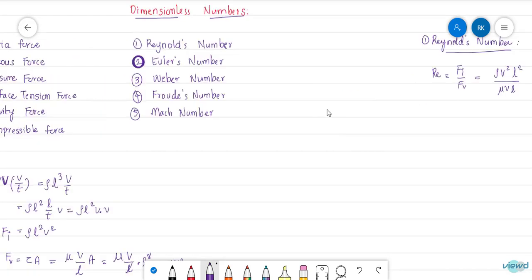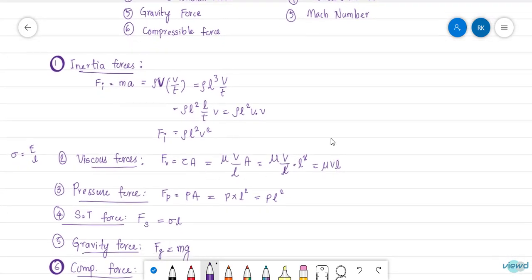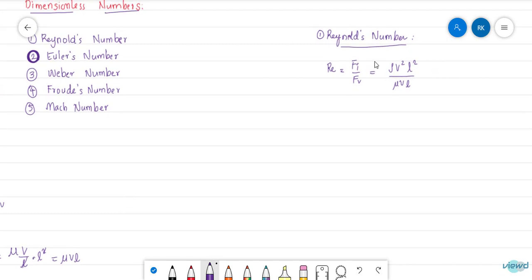So let us see. Inertia force is rho V square L square. Viscous force is mu V L. So V L gets cancelled and we get rho V L by mu. This is the Reynolds number. This L is the characteristic length.